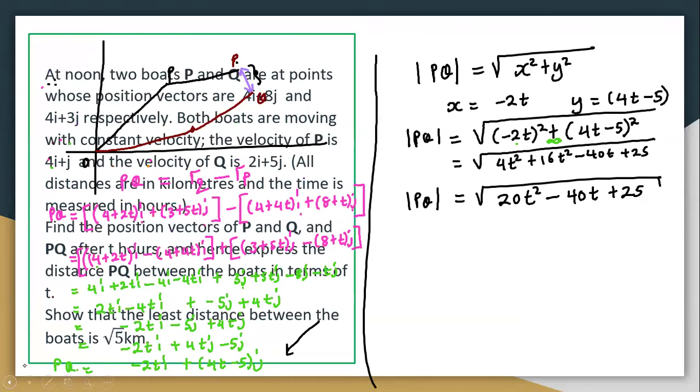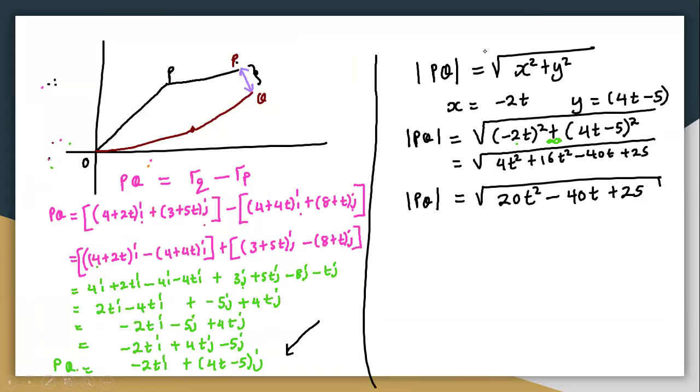Okay. Now, this is part B. The last part, they want us to show that the minimum distance, or what we call the least distance, is root of 5 kilometers. And remember, they told us these things were in kilometers, so please go on and put the kilometers. Now that is where you are going to apply your knowledge about minimum and maximum. When you look at the distance we have, you notice that inside here, this is a quadratic equation.